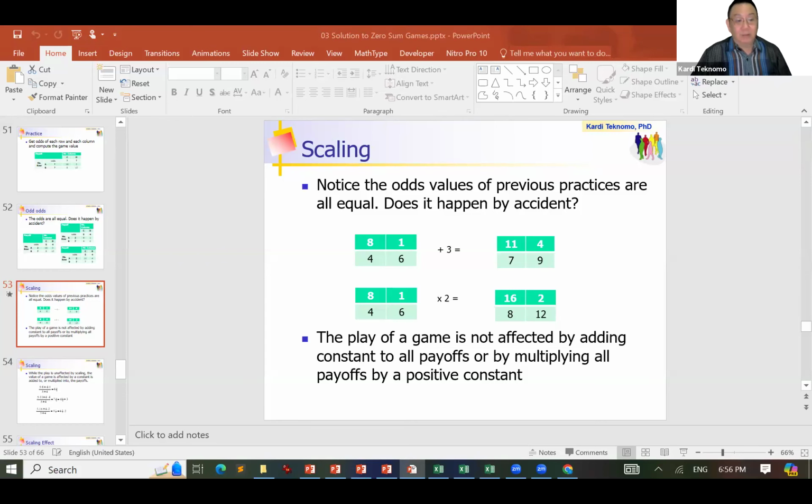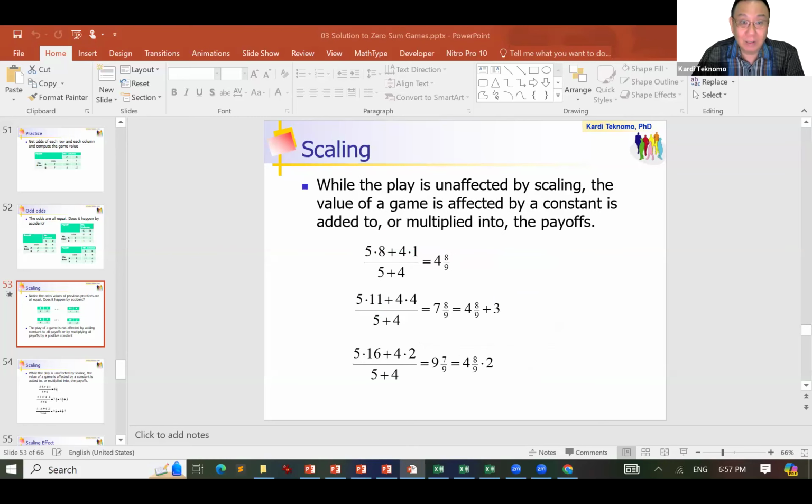So they are actually the same scalable payoff matrix. So you can add or multiply as long as you do it for all. And while the play is not affected by the scaling, the game value will be affected. A while ago we added 3 and multiplied by 2. That is exactly what happened also with the game value.